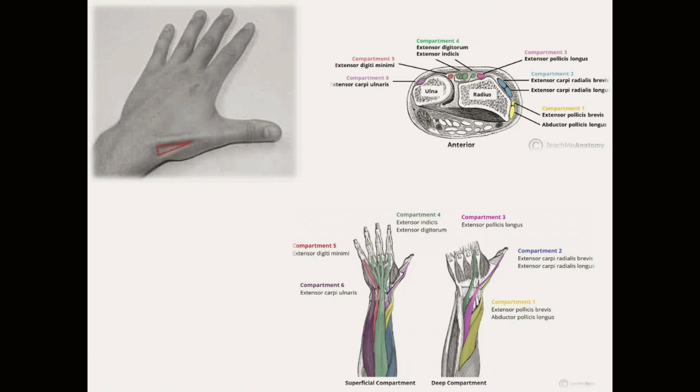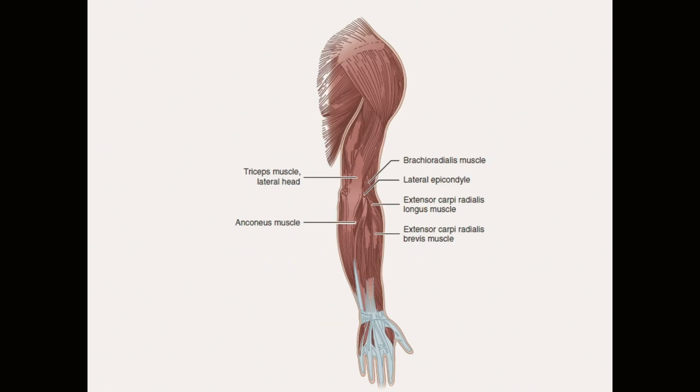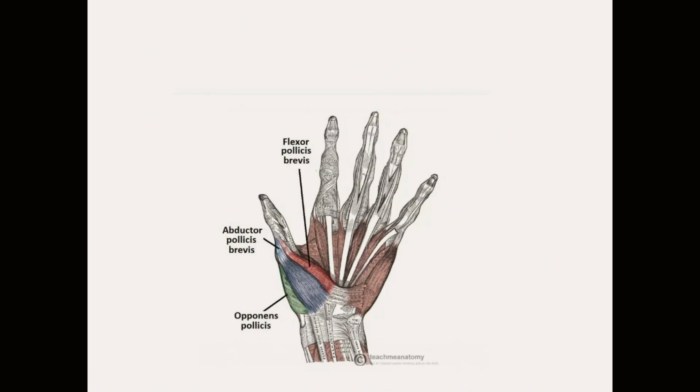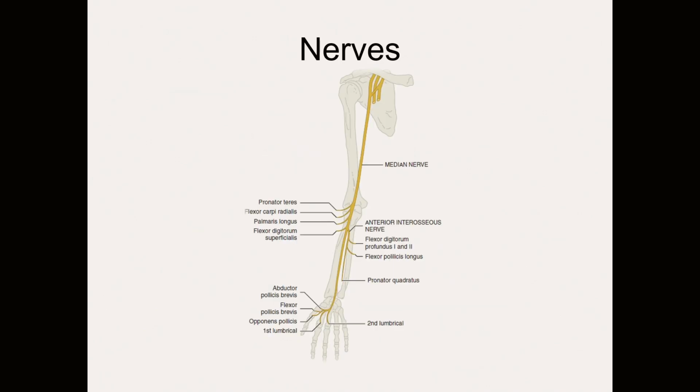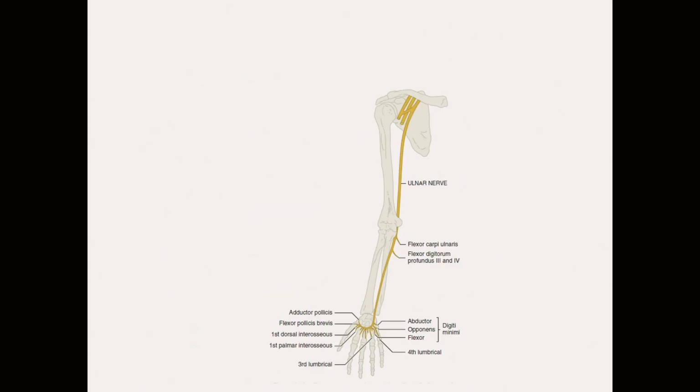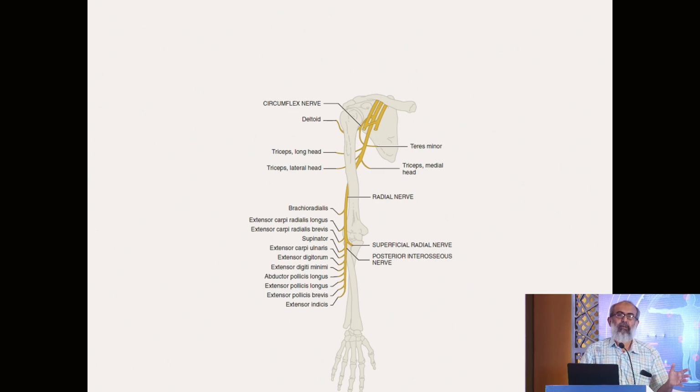Then the muscles: all the muscles coming from the forearm to the hand, the long flexors, extensors, the intrinsic muscles, the thenar and hypothenar muscles, and the nerves. So this is the area that we are going to examine. Basically, these are the things in and around this area.